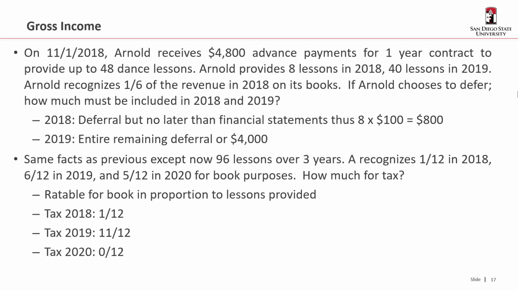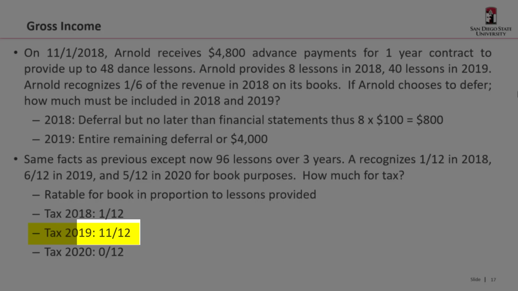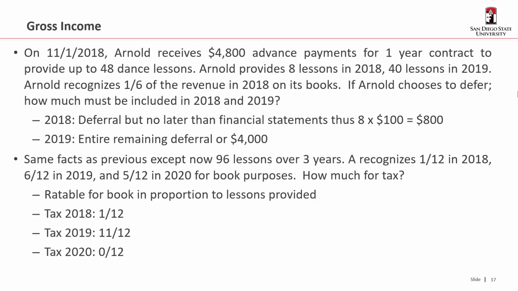Okay, so basically for book purposes, we'd say, well, look, the recognition is ratable in proportion to the number of lessons provided. But for tax purposes, he can never defer past financial statements. So in 2018, he has to recognize the same 1/12. Then in 2019, because you were only permitted up to a 1-year deferral, he'd have to recognize the entire remaining 11/12 at that time. Therefore, none would be recognized for tax in 2020.